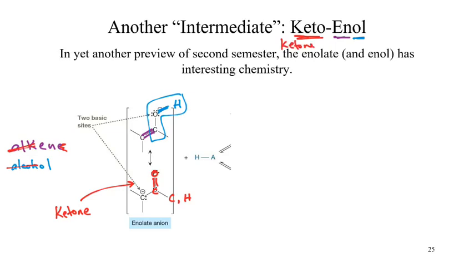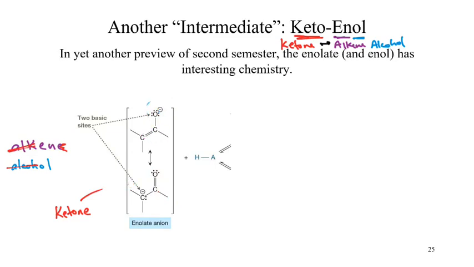The ketone is related to an alkene that is close enough to an alcohol to now warrant the need for a new functional group name, the enol. Why does this become important to us?